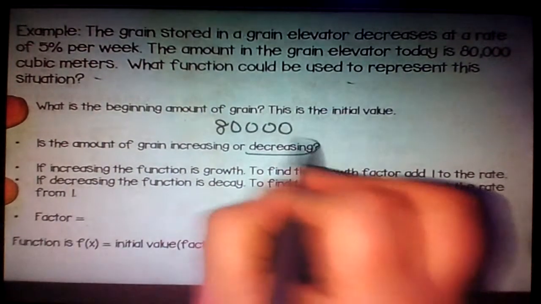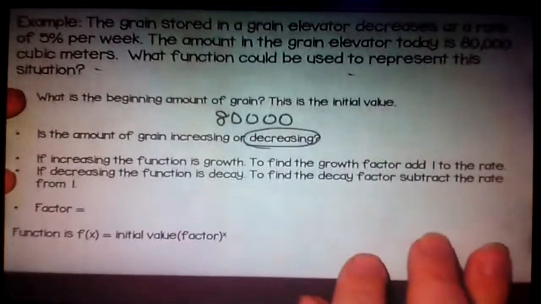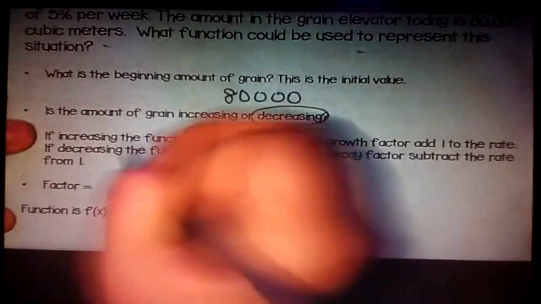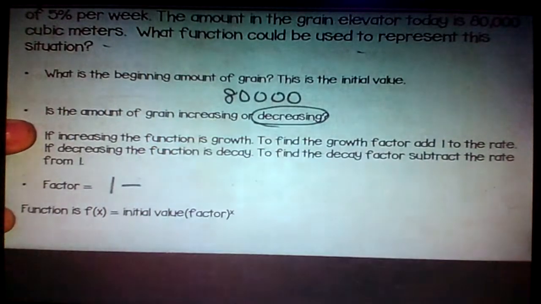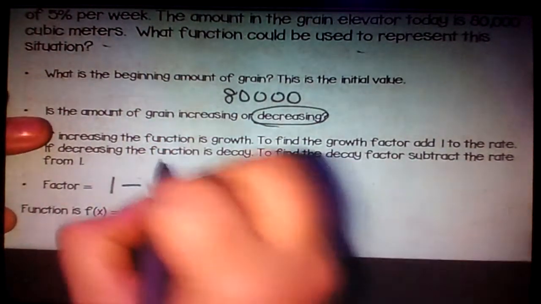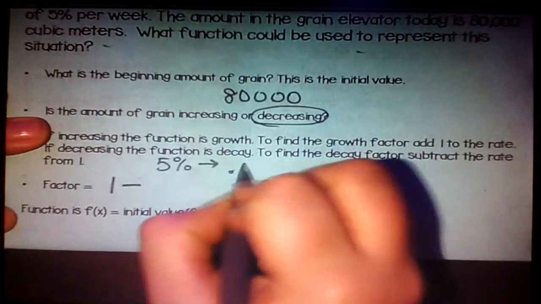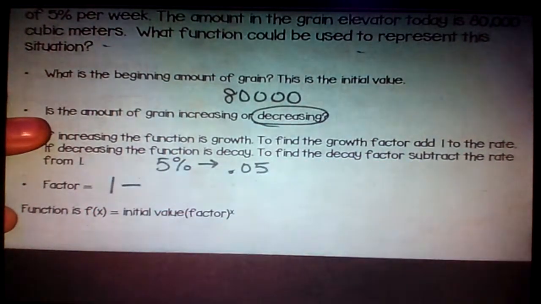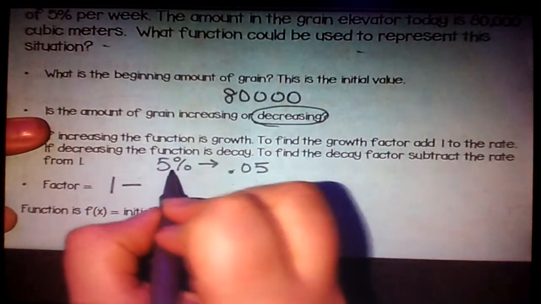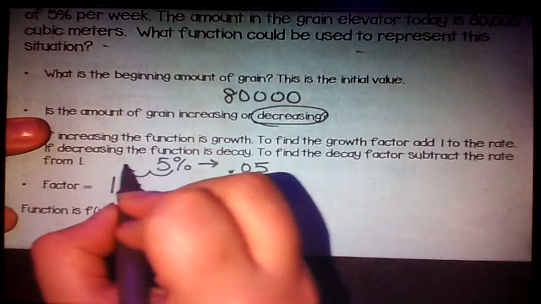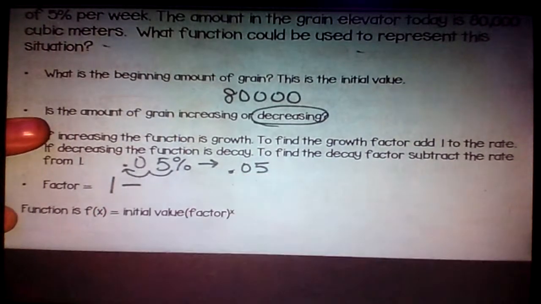Decreasing. So if we're decreasing, that means I do 1 minus my rate. Well, my rate is 5%. So that means 0.05 as a decimal. Again, your decimal point is here. We move it 2 spaces to the left. Because there's nothing there, we fill it in with a 0.